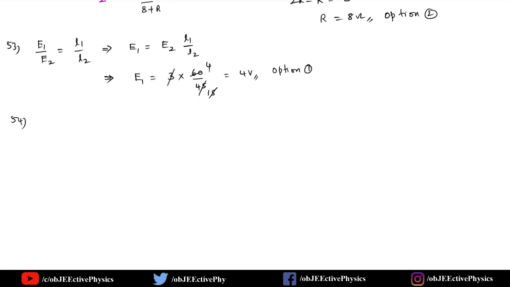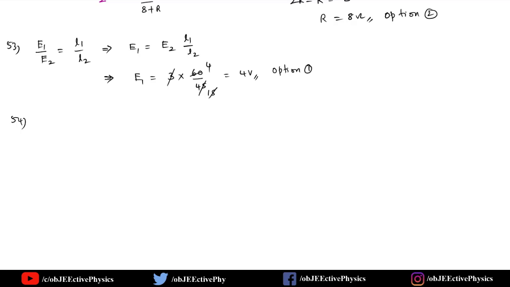Next, question number 54. A potentiometer having the potential gradient of 2 millivolt per centimeter is used to measure the difference of potential across a resistance of 10 ohm. If a length of 50 centimeters of the potentiometer wire is required to get the null point, the current passing through the 10 ohm resistor is.